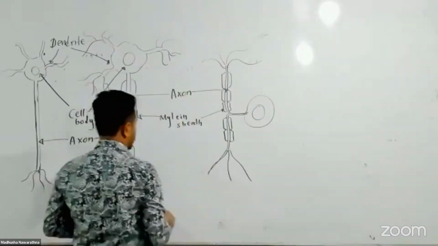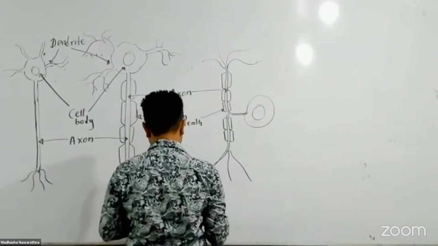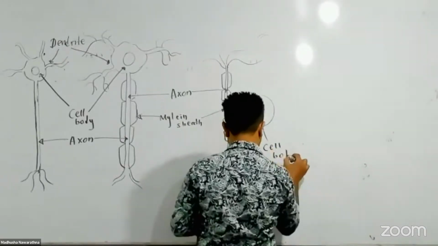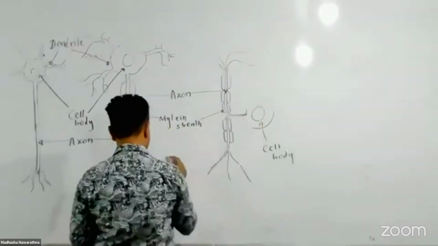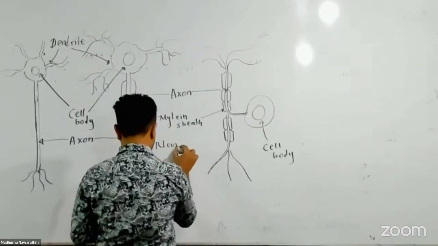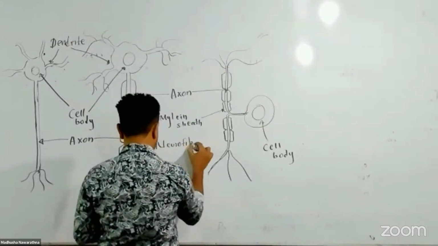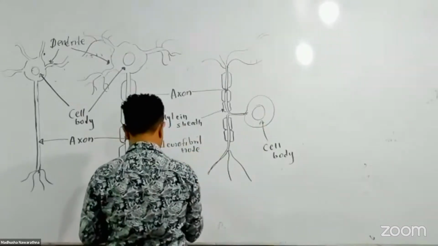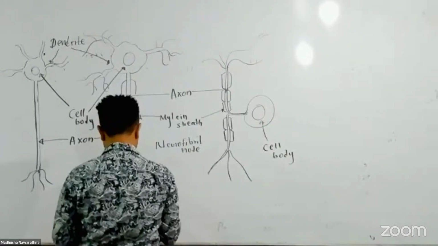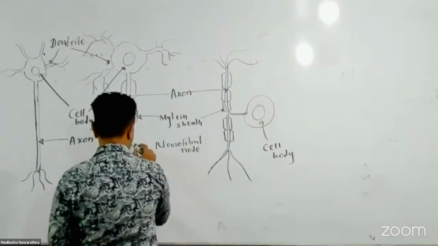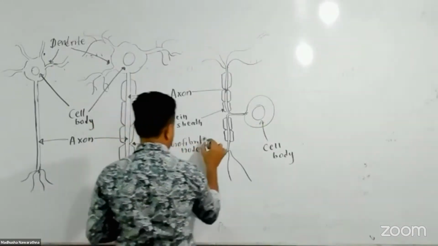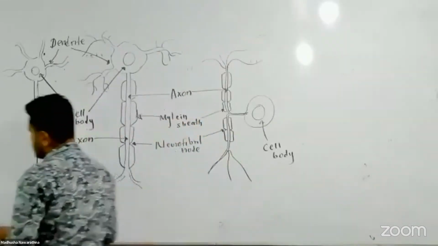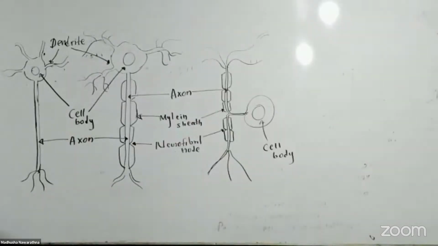The axon is the one going through the middle. The myelin sheath is the segmented part. Its cell body is separate. And here what we call the neurofibril node. We'll name them one by one.